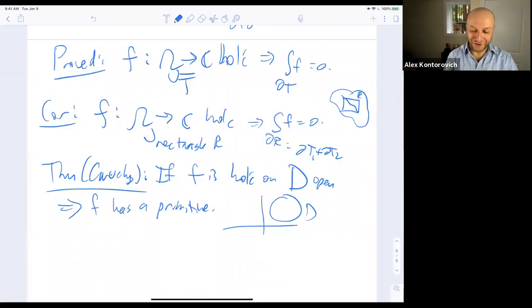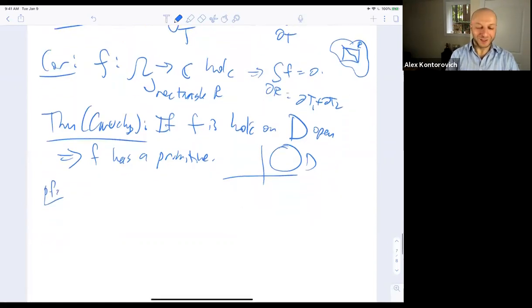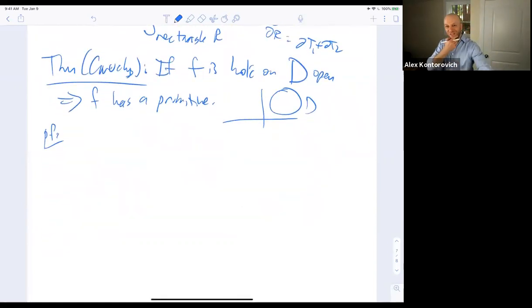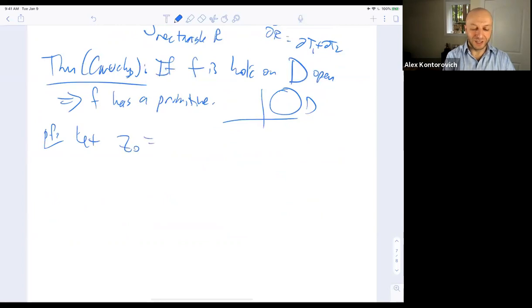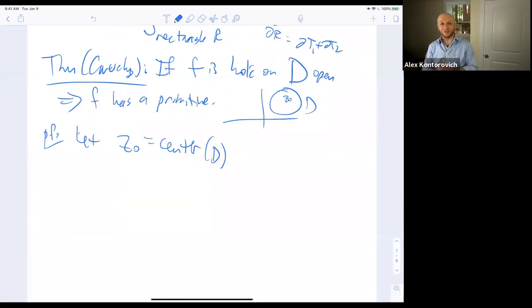I mean, how are you going to define it? In fact, when you think about it for a second, it's clear how you're going to define it, but then you have to check that what you define will make sense. Okay, let z0 be the center of D. Doesn't have to be the center, it could be any point, but I'll just choose the center.